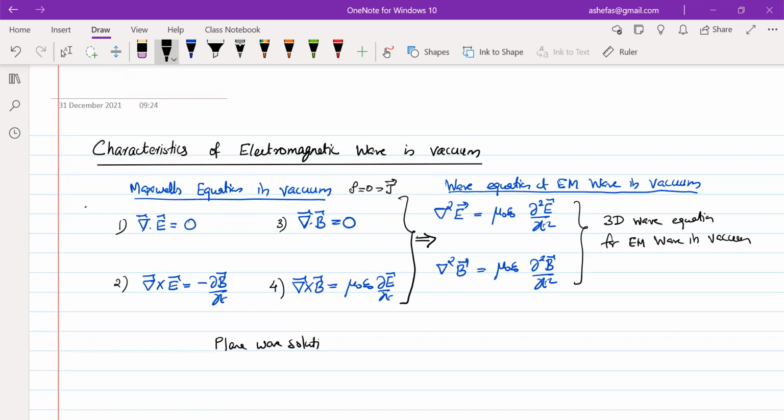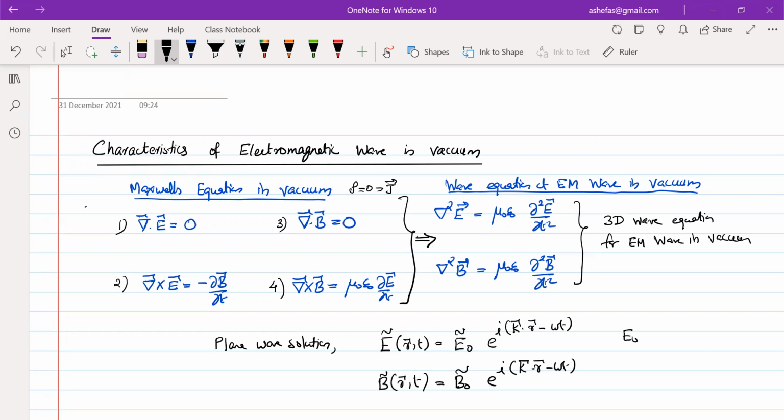A general plane wave solution in complex notation we can write like this: E of r, t is E0 tilde e raised to i (k dot r minus omega t), and B tilde of r, t is B0 tilde e raised to i (k dot r minus omega t).